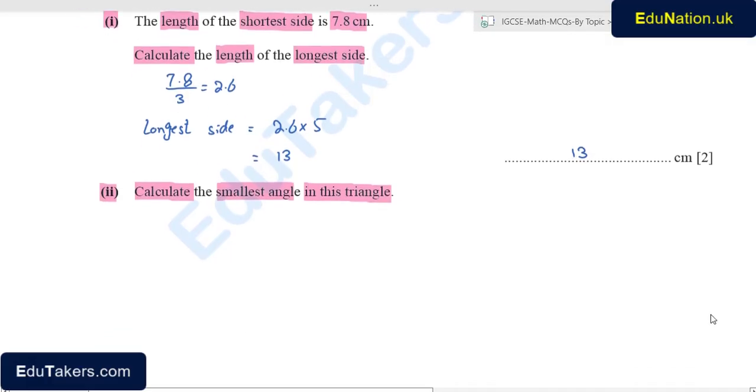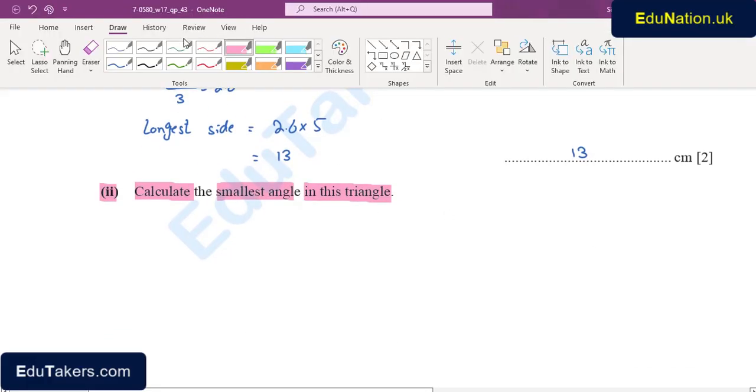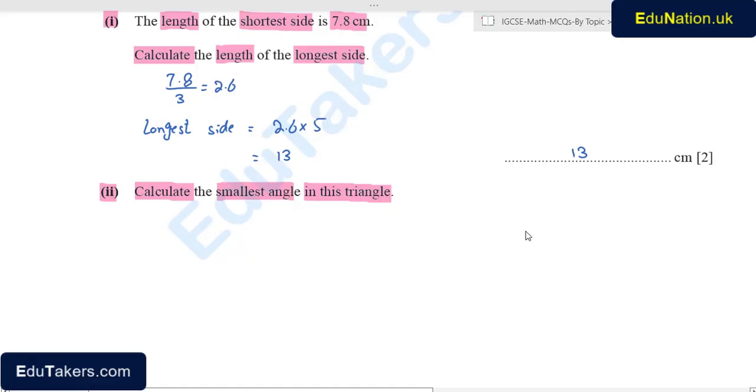To find the smallest angle in this triangle, we will draw a right-angled triangle.